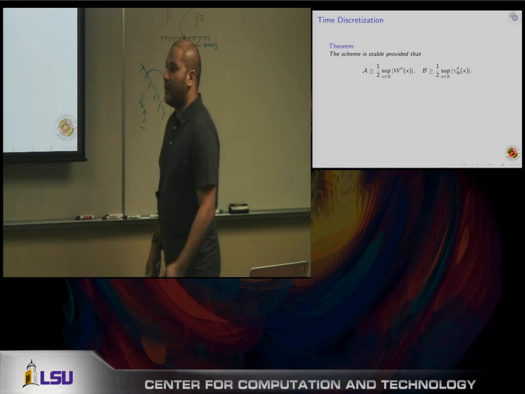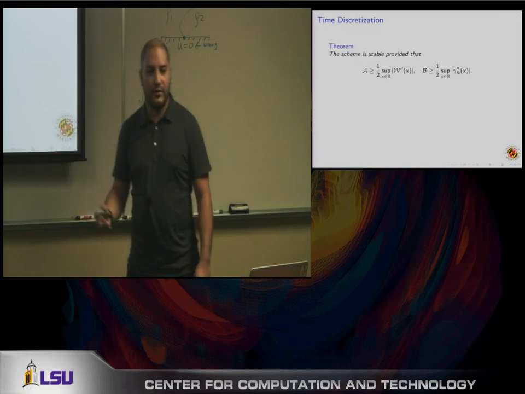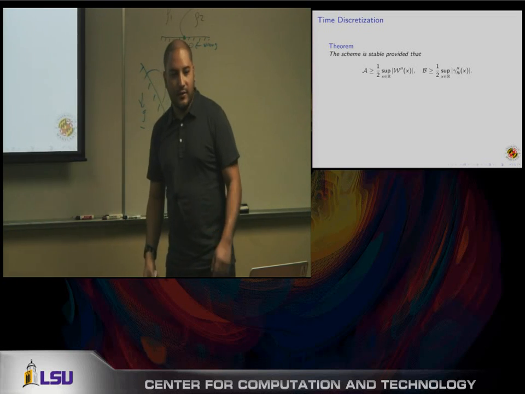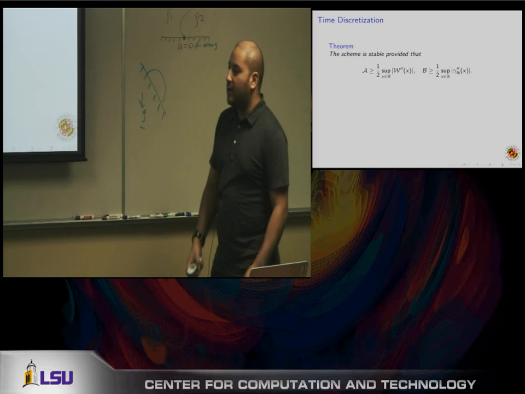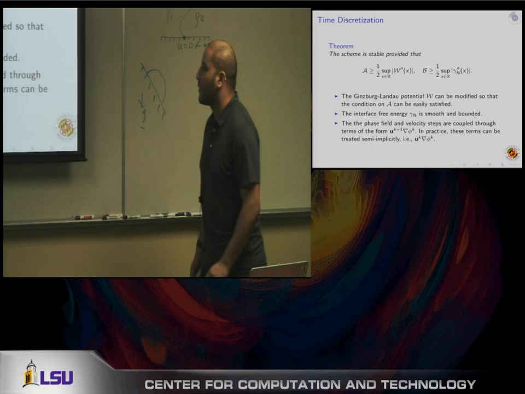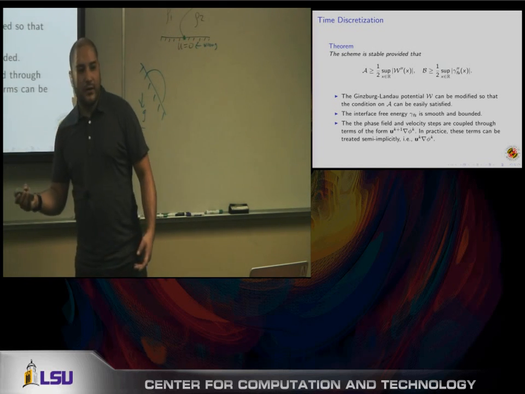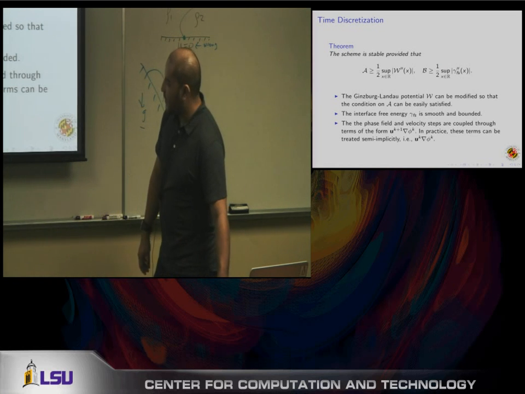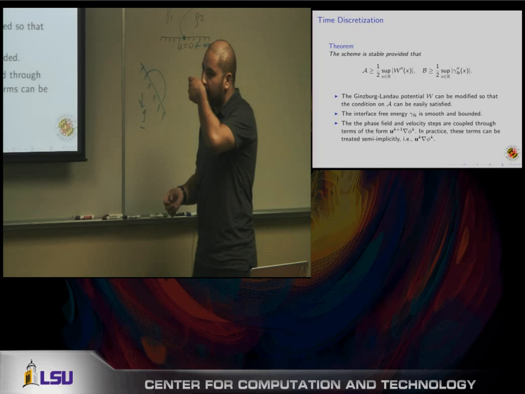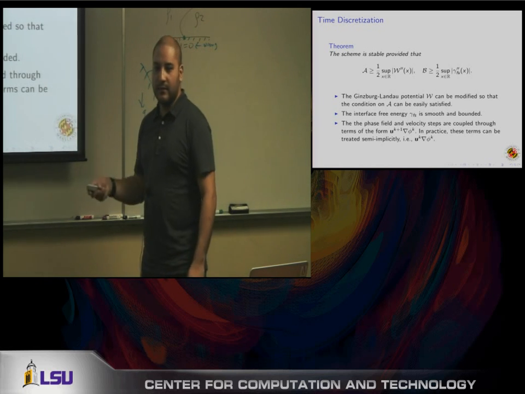And we can show that if the stabilization constants that we introduced before are large enough, in this sense, then the scheme is going to be stable independently of the choice of the time discretization parameter. Of course, originally, the Ginzburg-Landau potential is fourth order in this argument, so we could never satisfy this condition.